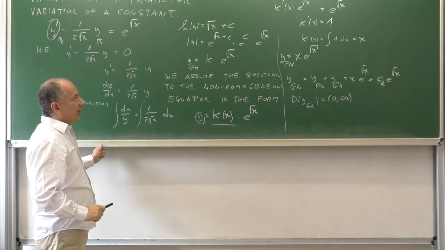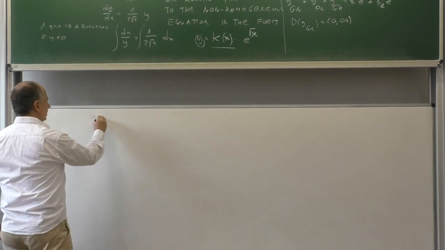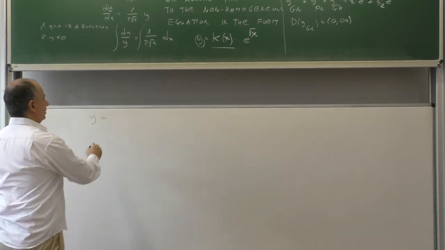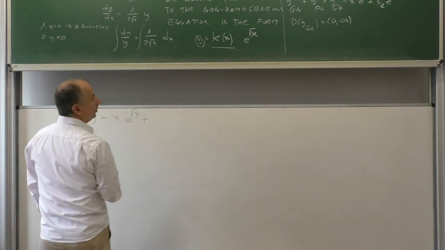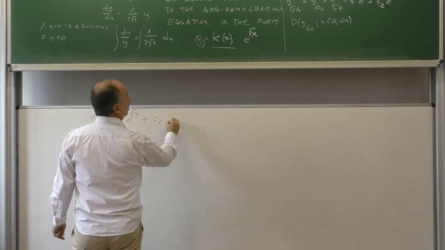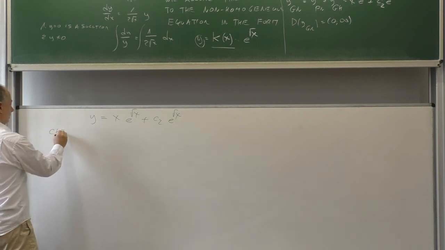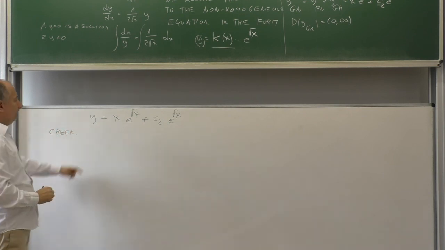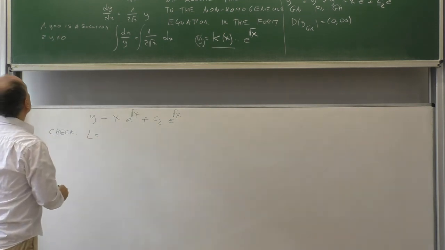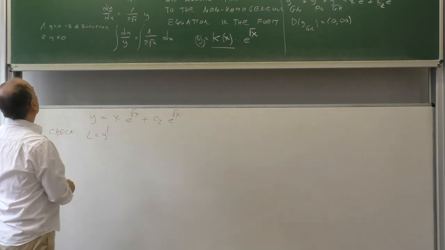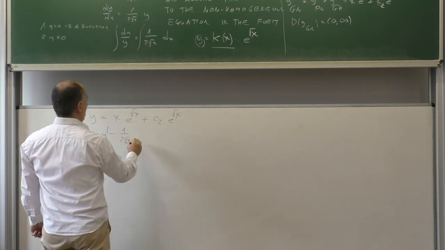It is easy to verify this solution. If we write once again y is x e to the square root of x plus c2 e to the square root of x, then we can check that this solves indeed the equation. So on the left, we have y prime minus the fraction 1 over 2 square root of x times y.